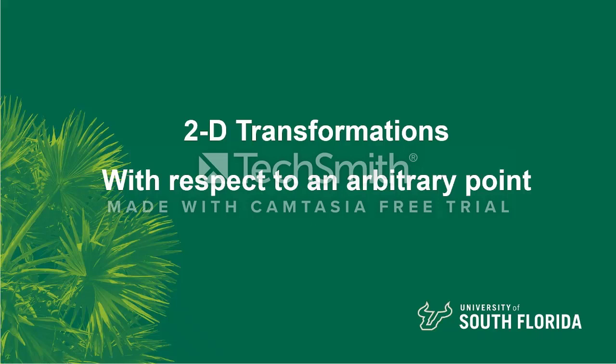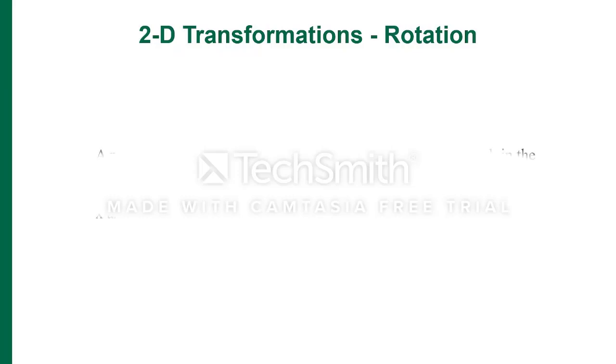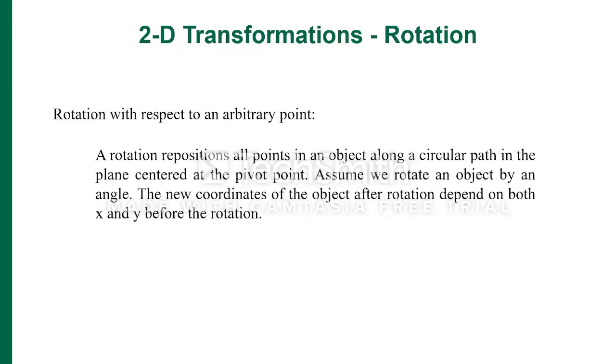Here we come to the second topic, 2D transformation with respect to an arbitrary point. Before this topic, we only talked about transformations with respect to the origin of the coordinates. First, we talk about the rotation with respect to an arbitrary point.